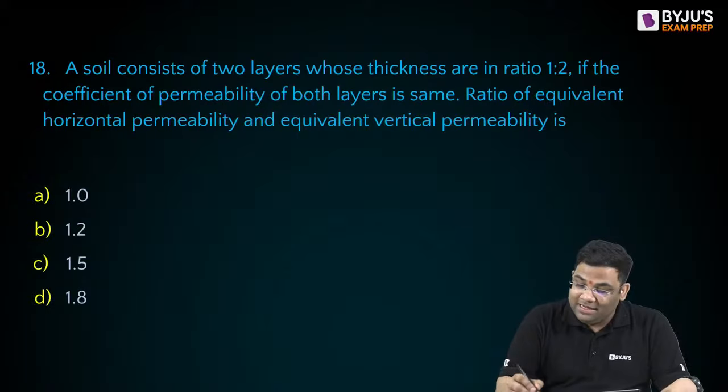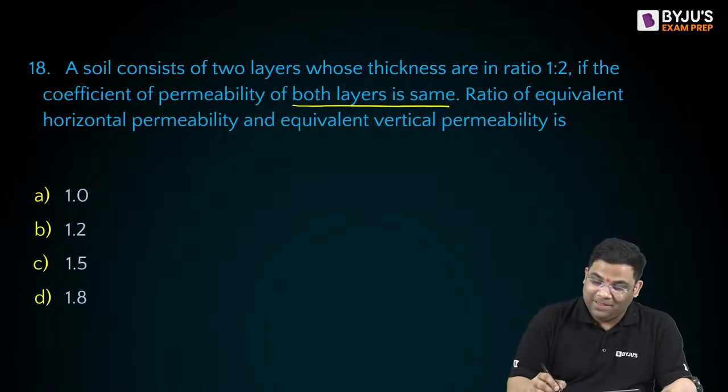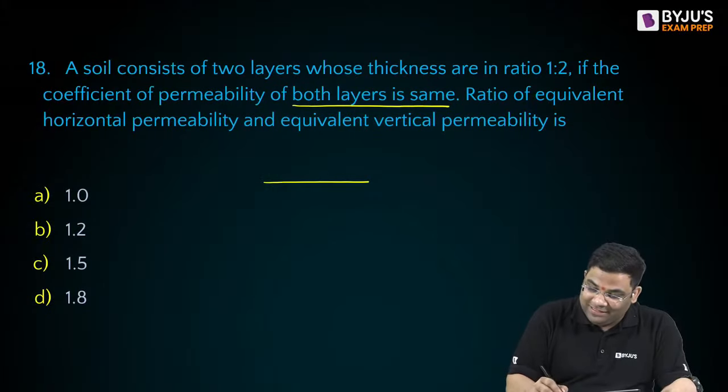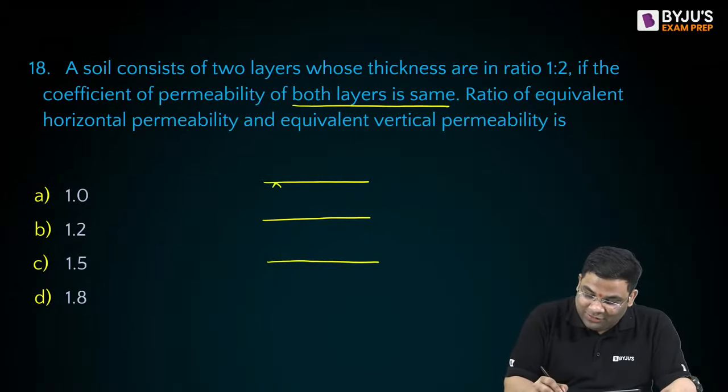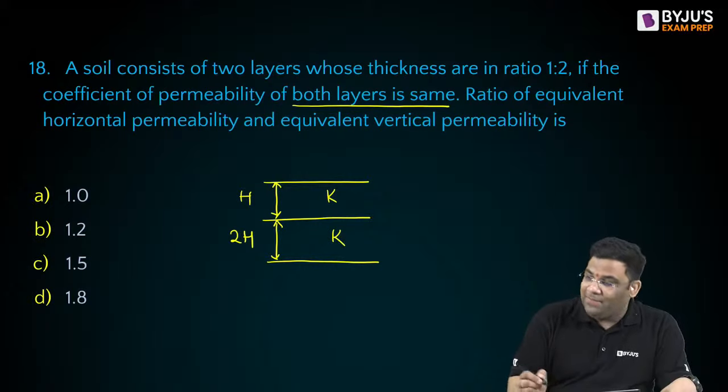See, it's written the permeability of both layers is same. So if we have two layers, one is H and one is 2H, but the permeability is same. If permeability is same, it is only one soil layer, na?